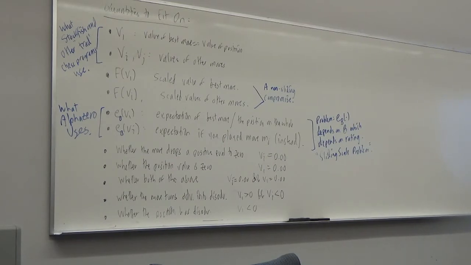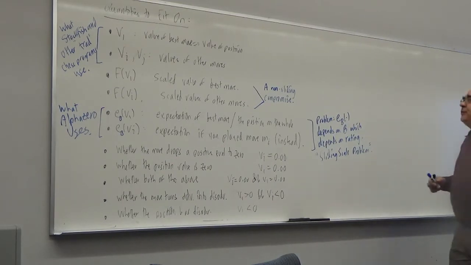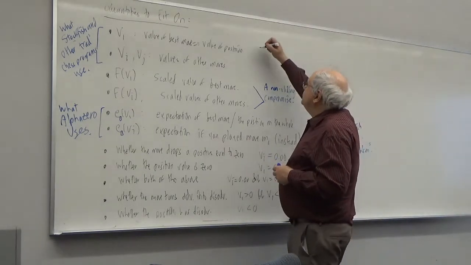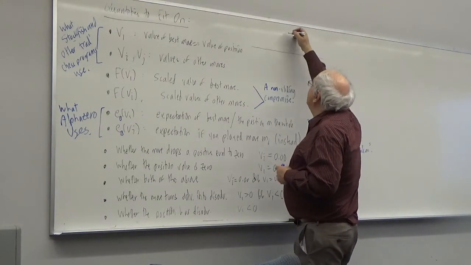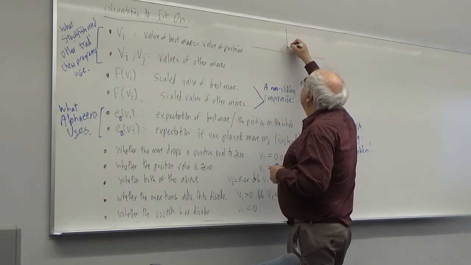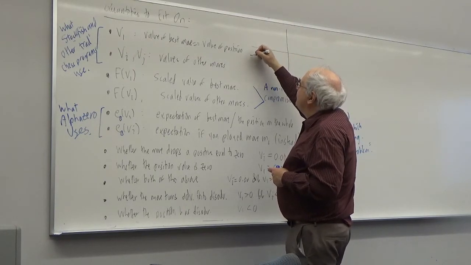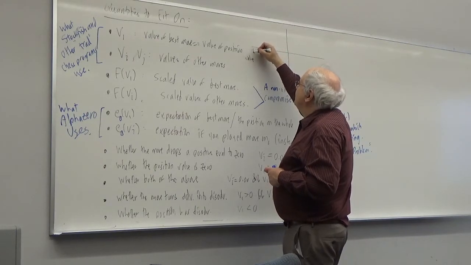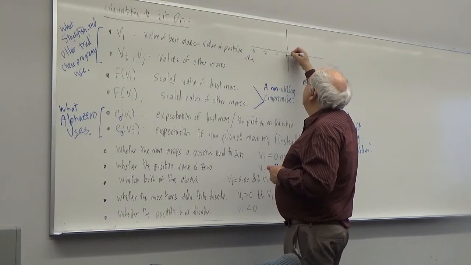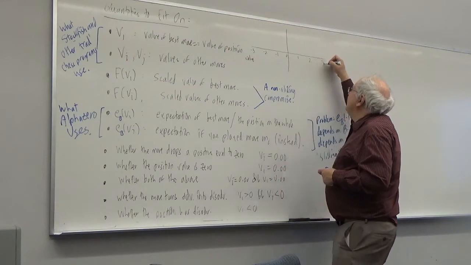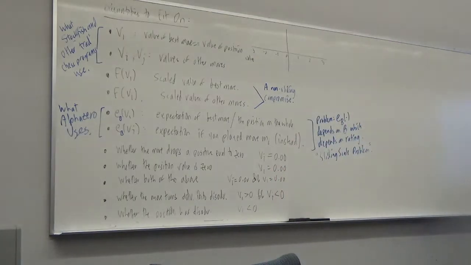And in general, the mathematical reason for this is we're using the idea of the value of a position. Okay, so x equals, so this is the value. Okay, so minus 3, minus 2, minus 1, 0, 1, 2, 3. A lot of the mathematical functions that we're using are defined only for v greater than 0, like ones involving logarithms.